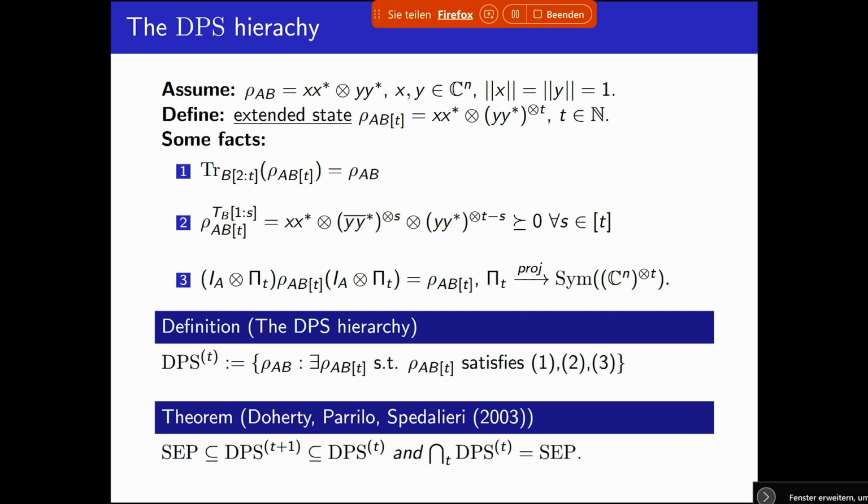So, yes. Maybe I will contribute to the confusion. But the second constraint is non-convex in X, right? But you take the convex element. Sorry, I did not understand the question. I suppose that 1, 2, 3 defines a convex set in the space of rho AB states. Does it? Yes, the DPS T are convex. These are convex cones.